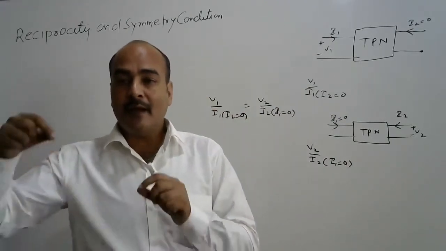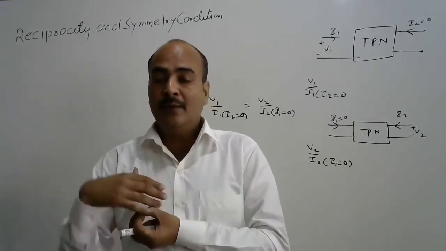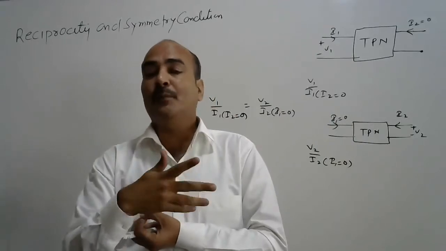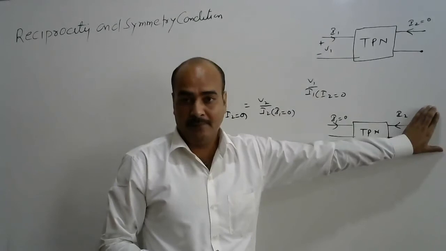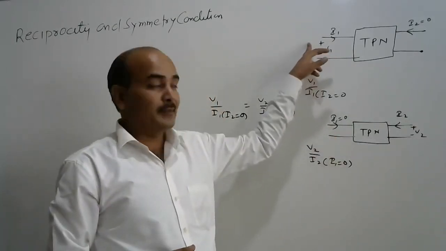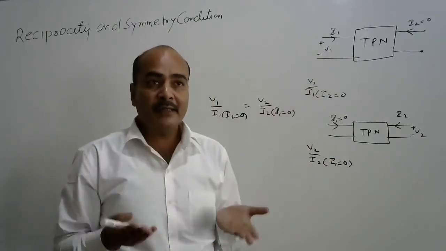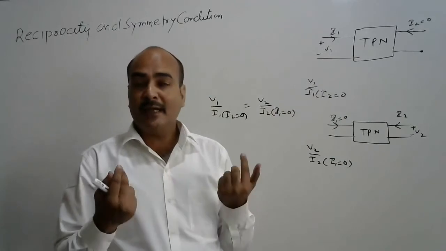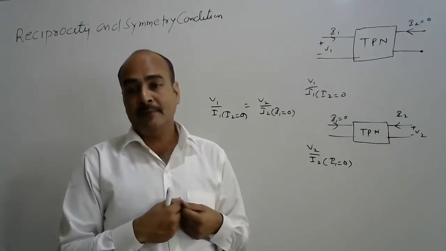So what is the significance? How much impedance you are seeing at the input terminal with the output port open circuit. We are not applying any load at the output terminal. What is the total impedance at the input terminal without applying a load at the output terminal?